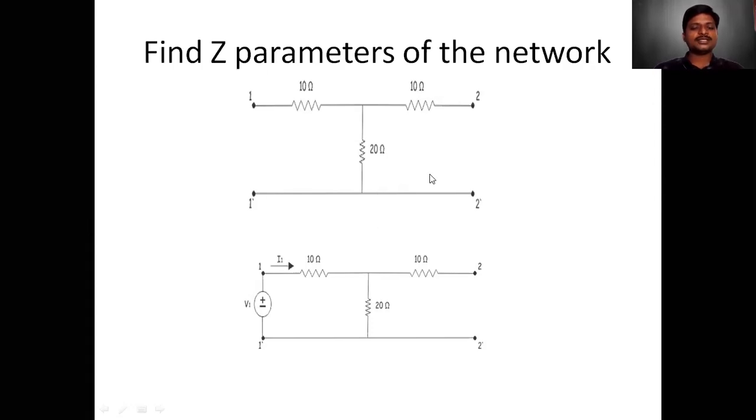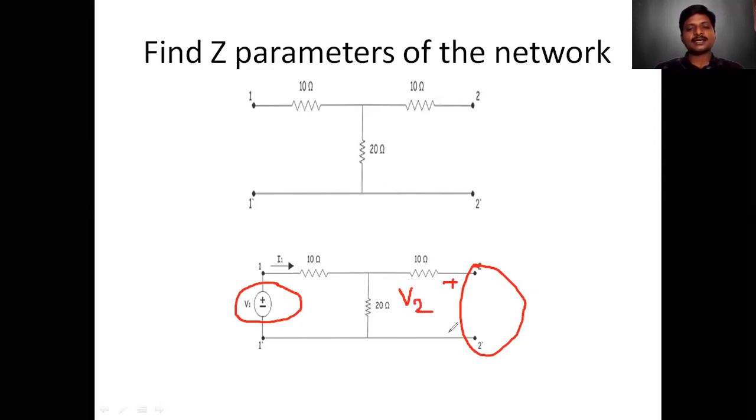First, as I told you already, if you want to find Z11 and Z21, you have to open circuit the output port. That's what we have done here. So we have connected a voltage source at the input port, but we have open circuited the output port. As you can see, there is no voltage source across the output port; here the voltage will be V2.